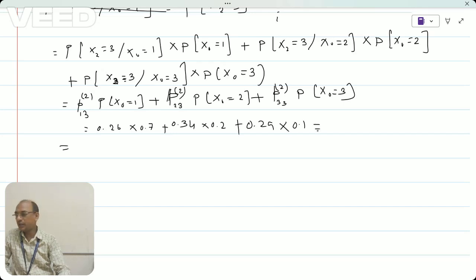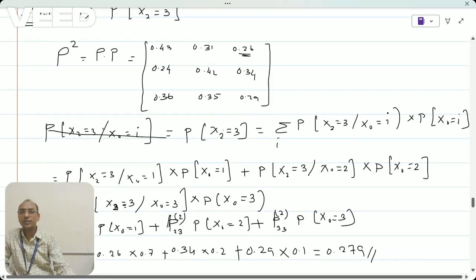If we simplify it, we will get 0.27. This will be the answer for the first question.